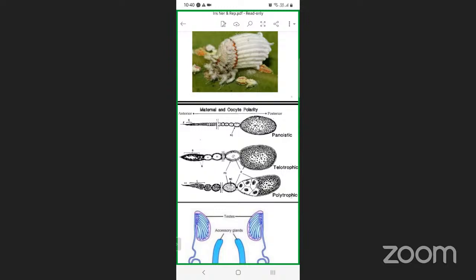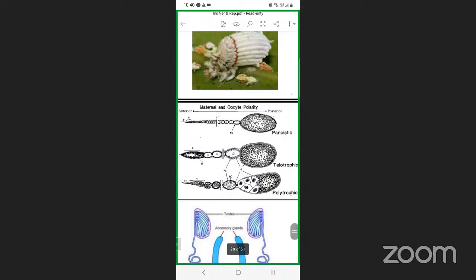The bursa copulatrix, which receives the aedeagus.